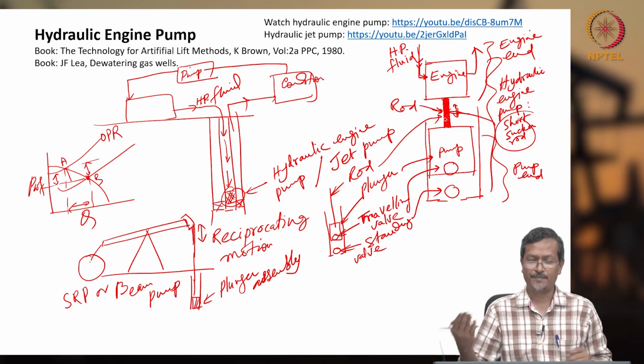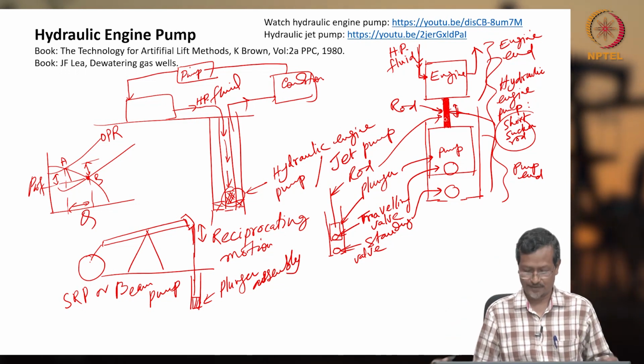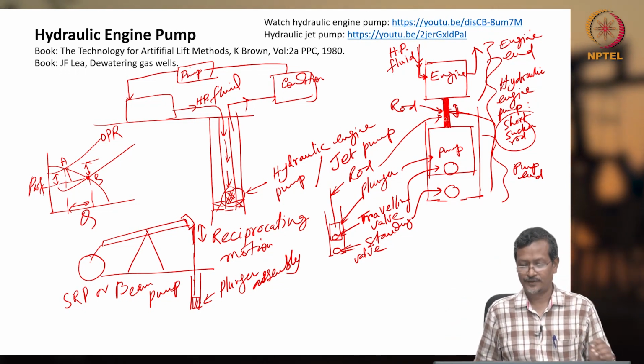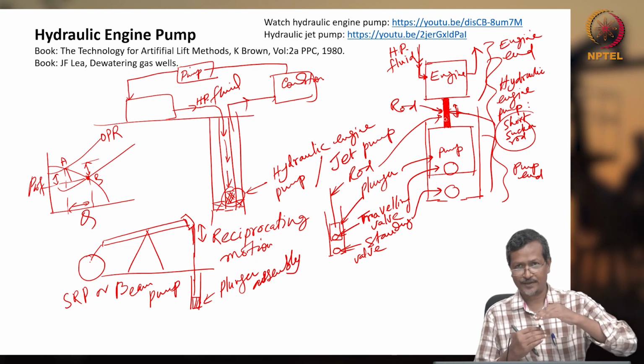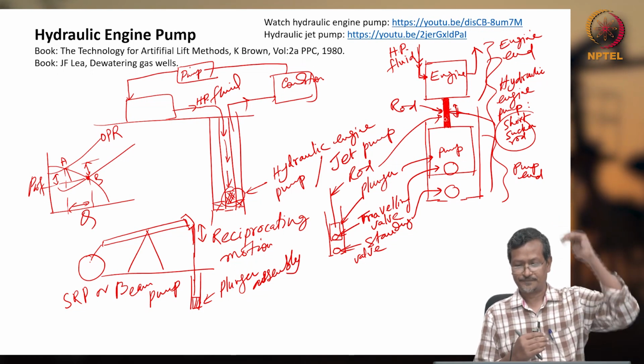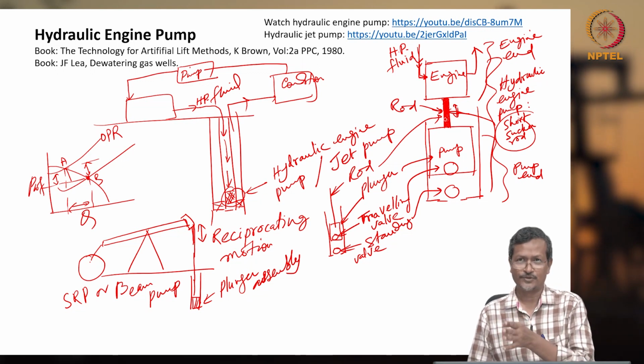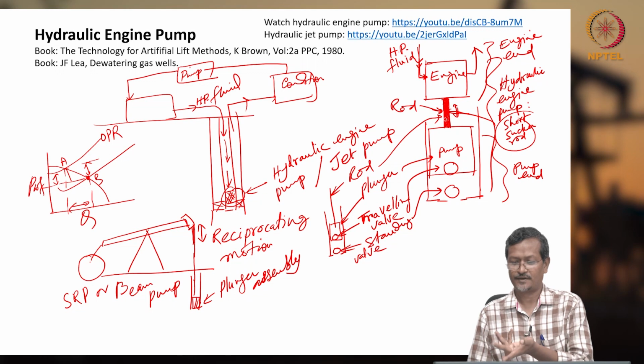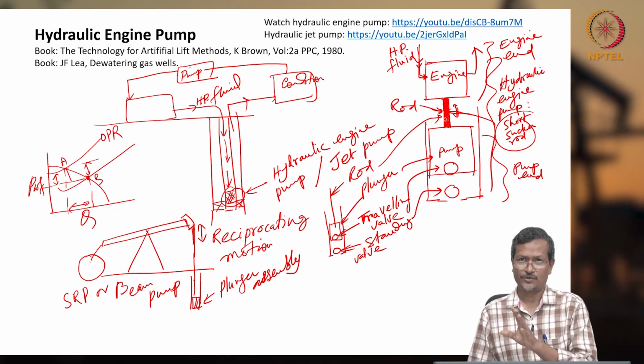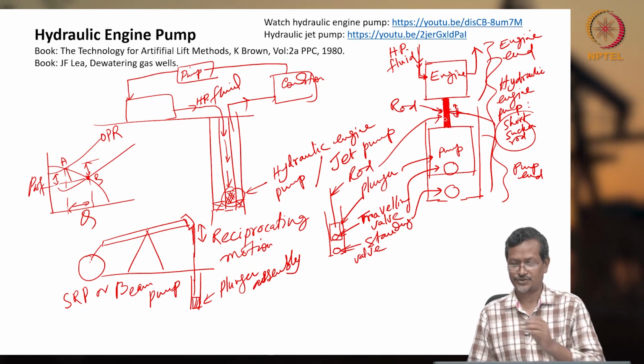So both sides the pump is delivering. Okay, so you are getting double the flow rate. But in SRP you are getting flow during the upstroke only. But you can create single acting or double acting, it doesn't matter. It is your choice or based on your decision.